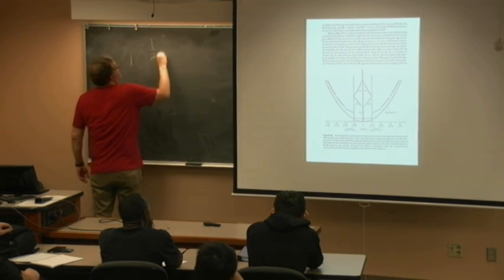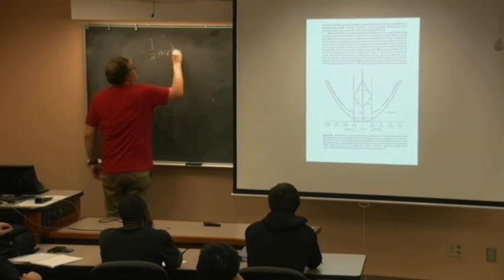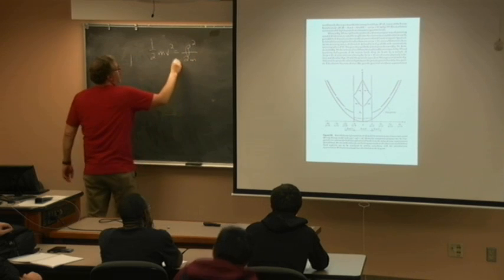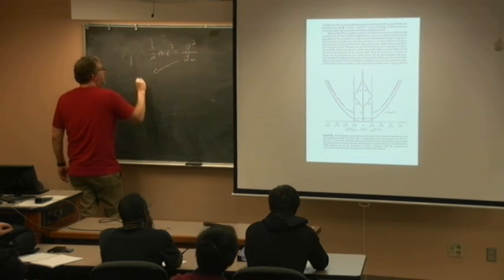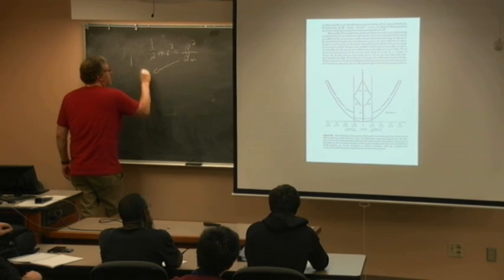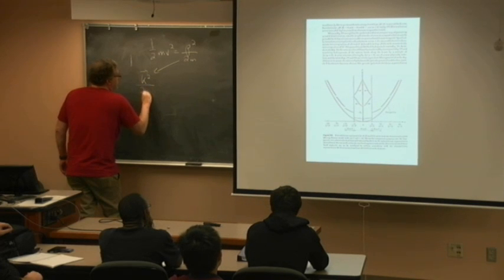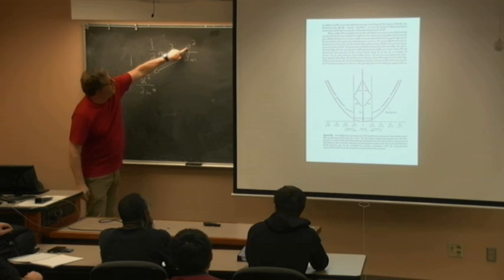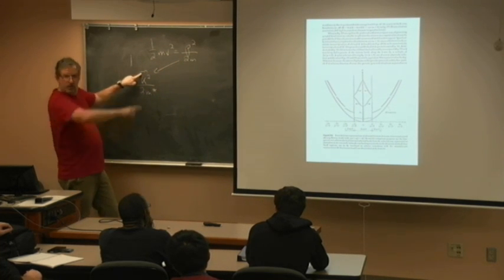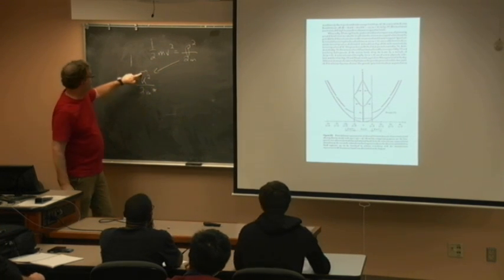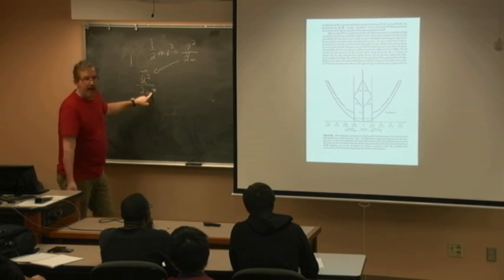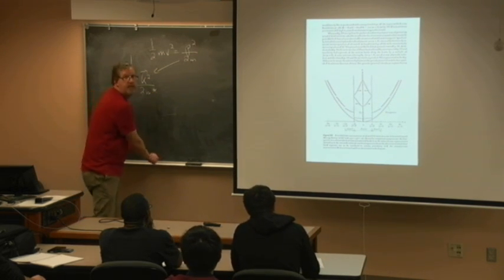One half mv squared equals p squared over 2m. So then this becomes k squared over 2m star, where now k is a momentum but also a vector, so it's directionally dependent through the crystal lattice, and m is now all of a sudden our effective mass that is sensing the crystal.